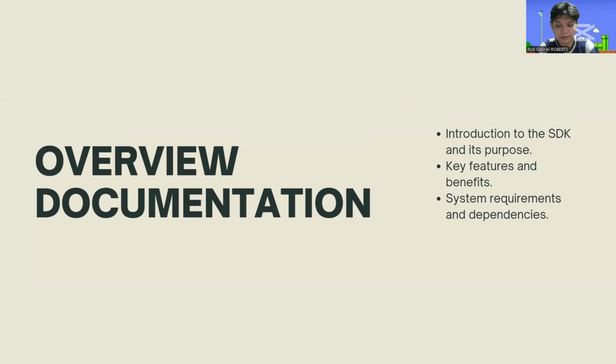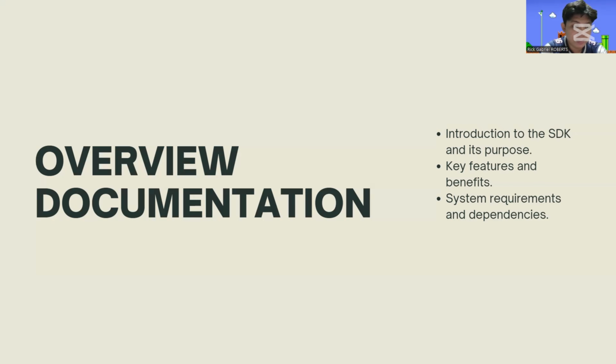Now, overview: introduction to the SDK. So we have here the overview documentation of the SDK. This section introduces the SDK, explaining what it does and why developers should use it.